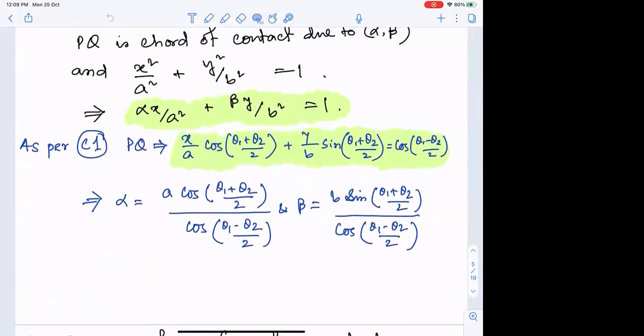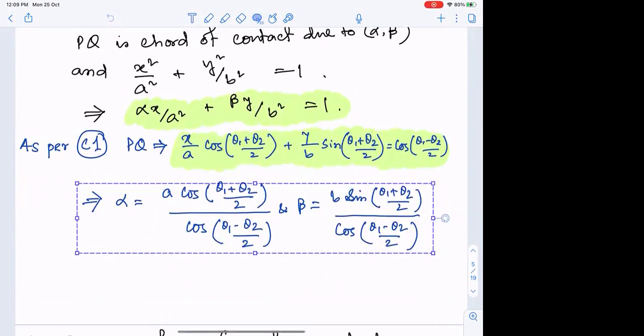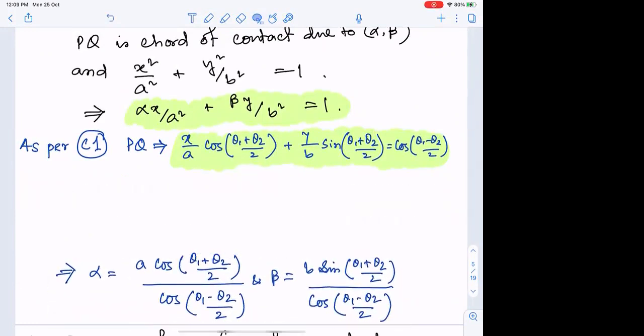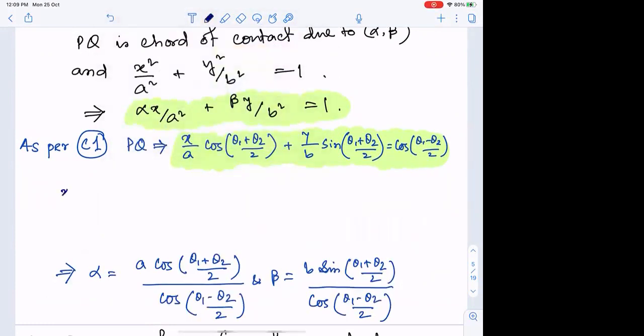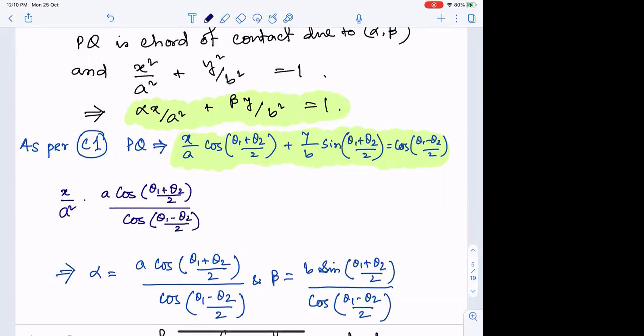Let me write that for you before making this conclusion. So we can write this as x by a square into a cos of (theta 1 plus theta 2) by 2, which was already there, divided by the right hand side, that's cos of (theta 1 minus theta 2) by 2, right?